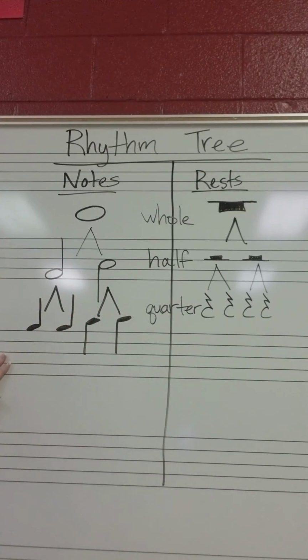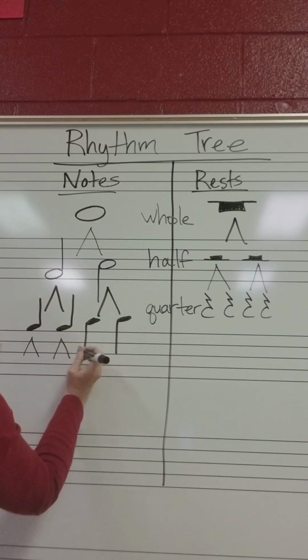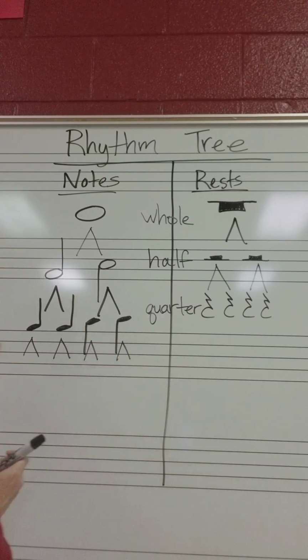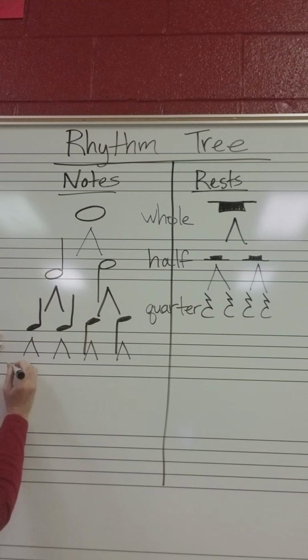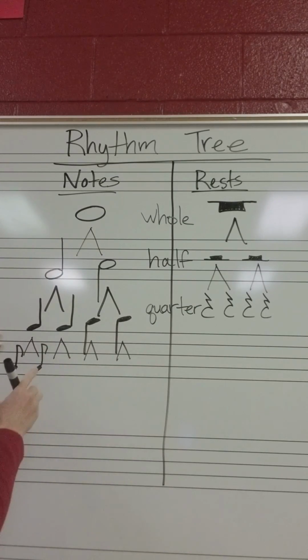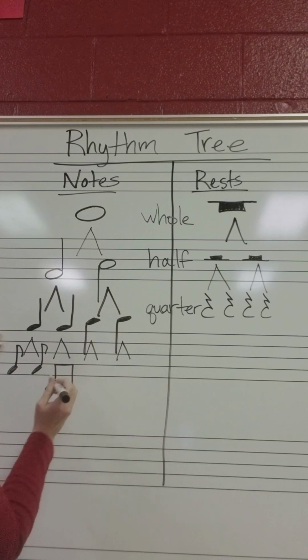That can be split into eighths. So for each quarter, I'm going to split it up again. And I'm going to draw my quarter note again, but this time I'm going to add a flag. I'm going to bring these down just a little bit because I want to show you how you can also connect them with a beam.